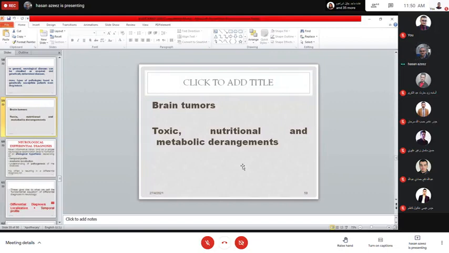Tumors anywhere, patients take chemotherapy and neurological manifestations appear, and sometimes, though nowadays it has become rare, radiotherapy gave myelopathy in the past. So it is a complication of radiotherapy, not chemotherapy. And there is a neurological problem which is called paraneoplastic.